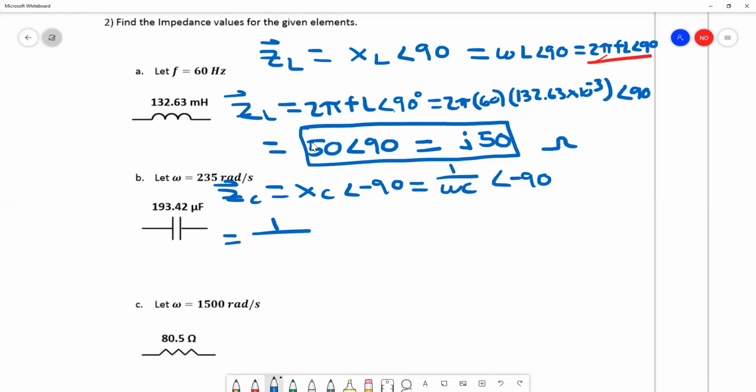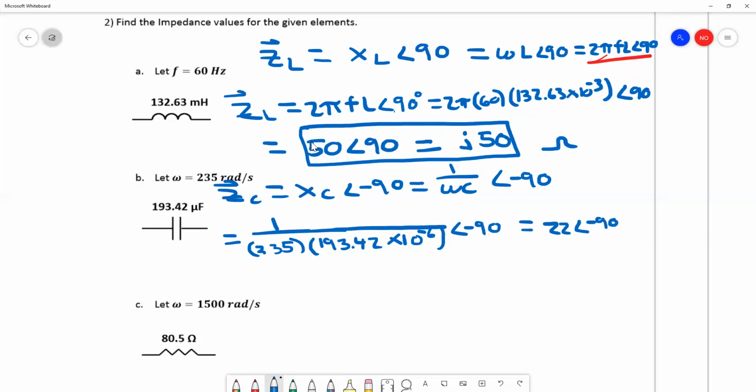So 1 over omega, that's 235, over 193.42 times 10 to the negative 6 for microfarads at negative 90. And that gives 22 at an angle of negative 90, or negative J22. Both are acceptable answers. And again, that's in ohms.